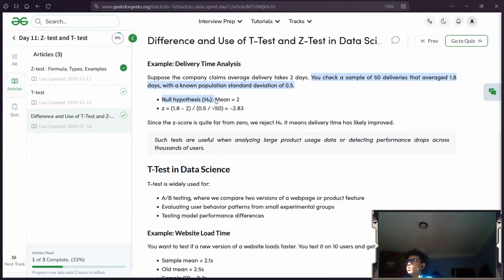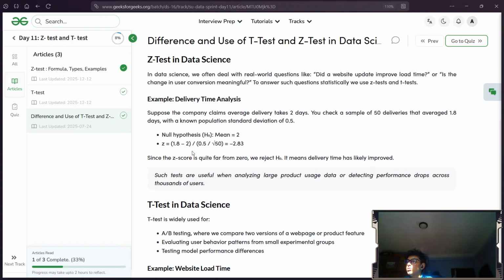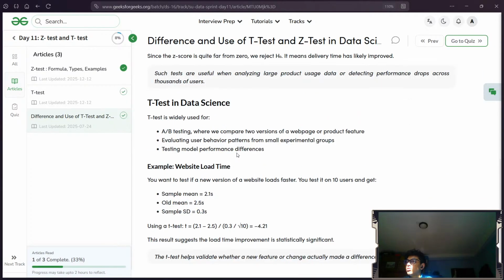The null hypothesis is that the mean equals 2 days. Calculating, the z value is minus 2.833, and alpha is 0.05. Since the z score is quite far from 0, we reject the null, which means delivery time has likely improved. I don't know how it came to this conclusion, but we can take it.